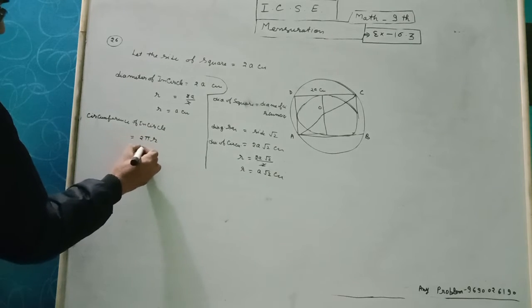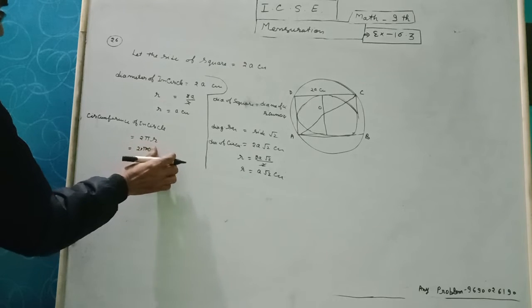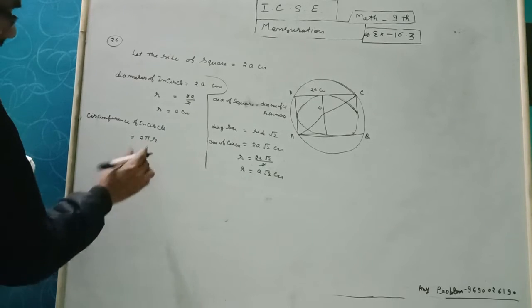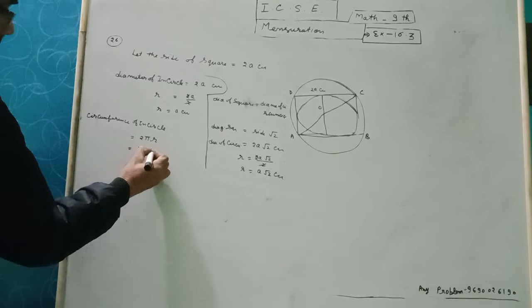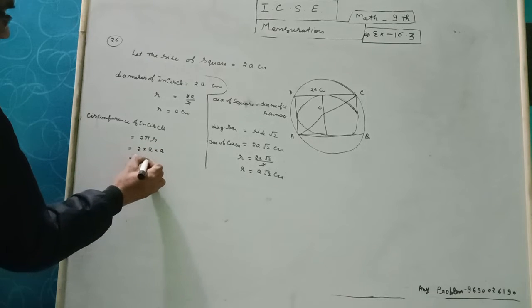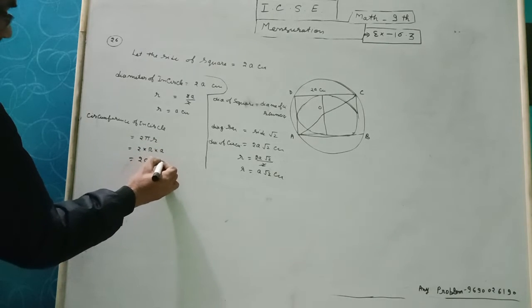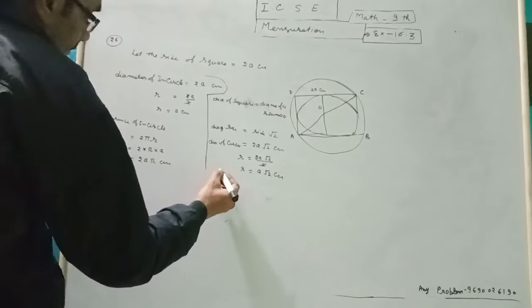Then 2 pi, the r value is a cm. 2 into pi into r value a. 2a pi cm is the circumference of the incircle.